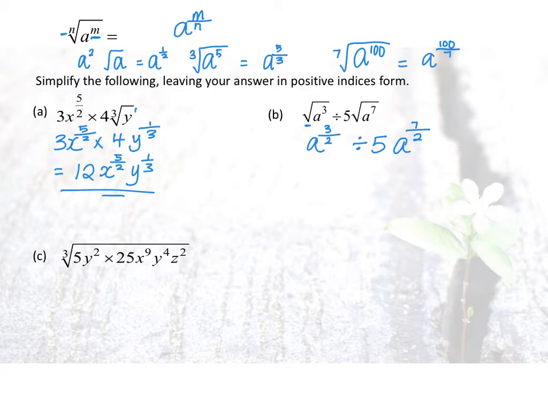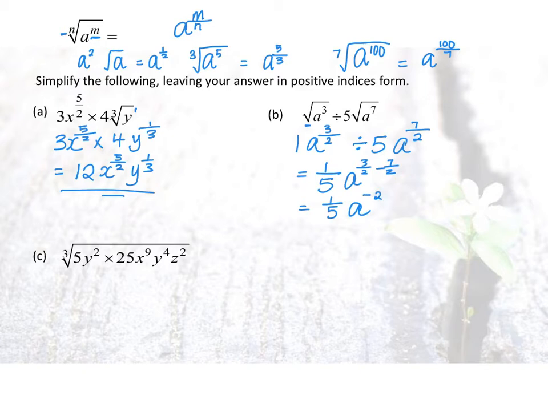When we have division, what happens? This is 1 divided by 5, so it will be 1 over 5. And when we have division, what happens to our power? a to the power of 3 over 2, subtract 7 over 2. What do we get? 1 over 5, a to the power of negative 2.